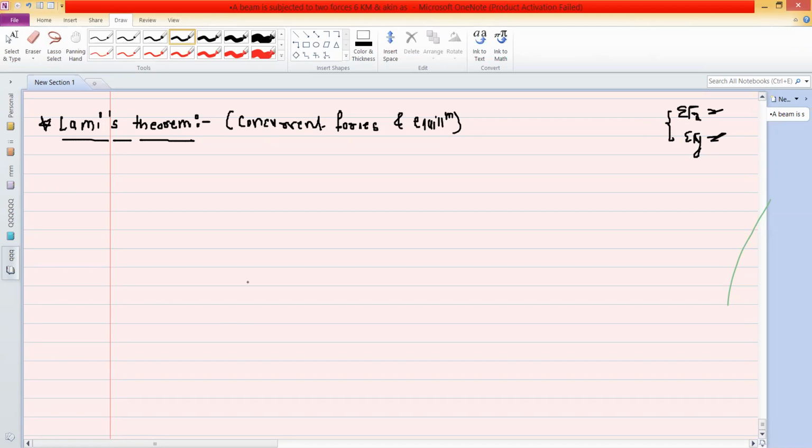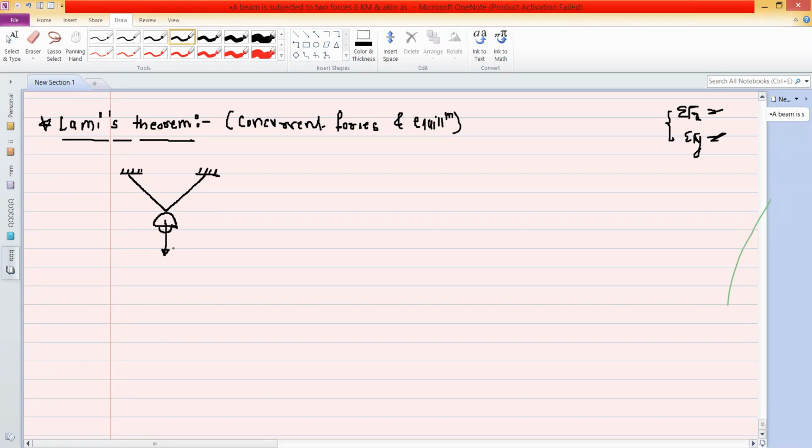Okay, so for Lami's theorem, the condition is there has to be three forces only. So consider one system like this. These are two cables, and these two cables support a bulb like this.